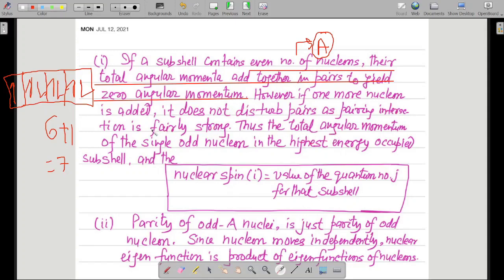Thus the total angular momentum of the single odd nucleon in the highest energy occupied subshell, you can clearly see this over here, look at the laser pointer, okay.